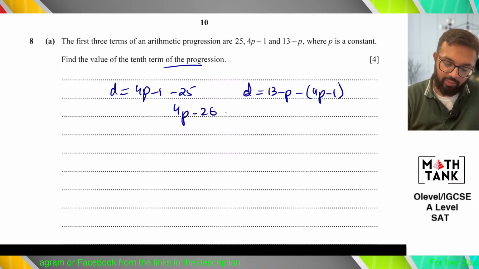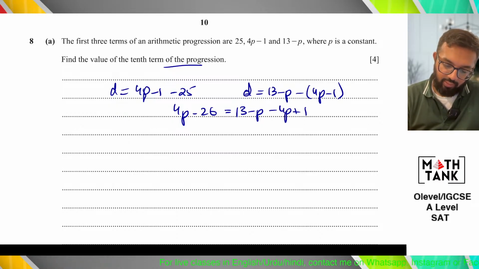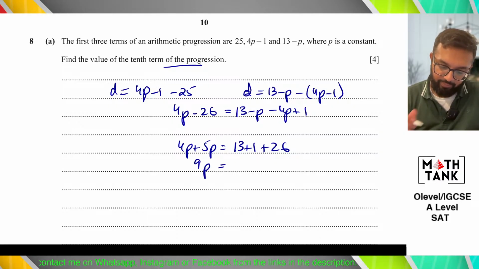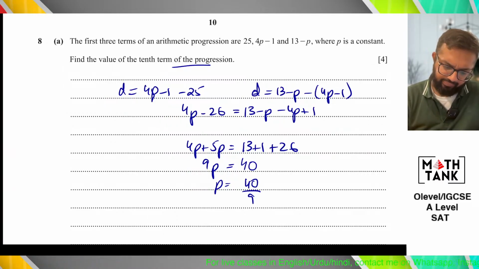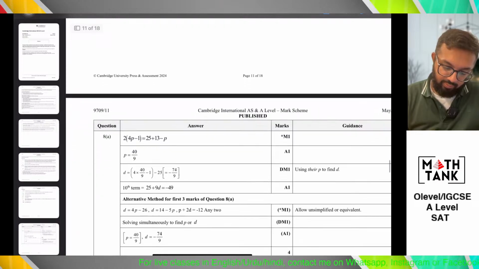So 4p minus 26 will equal 13 minus p minus 4p plus 1. So 4p plus 5p equals 13 plus 20. 9p is equal to 30 over 9. Sounds a little weird, but yes.